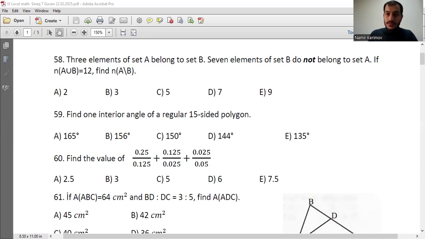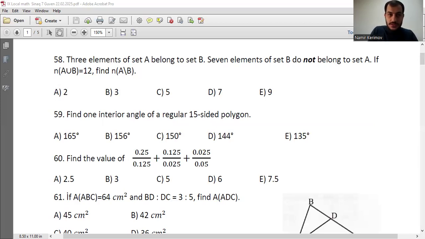So 7 elements of B do not belong to A. So this part, only that part, this is B but not A. So there are 7 elements. And we know that in total, there are 12 elements.